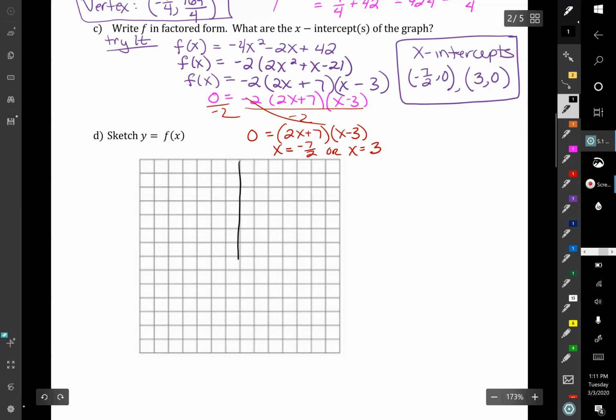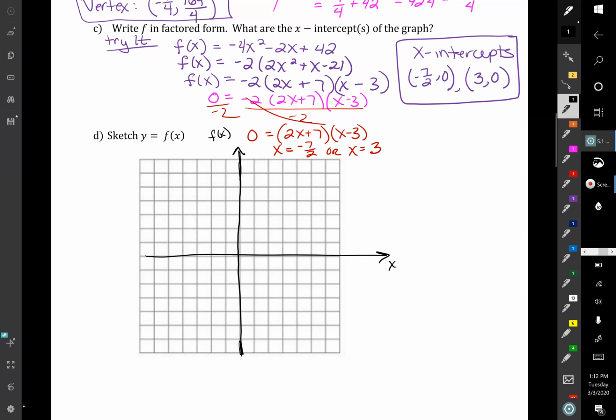So let me just put the axes in there. Make sure you put the axes where they make sense to go. I'm just going to put mine in the middle. I don't have a straight edge on this app, so just forgive that, but you should try to use one. Anything will work. It doesn't have to be a ruler.